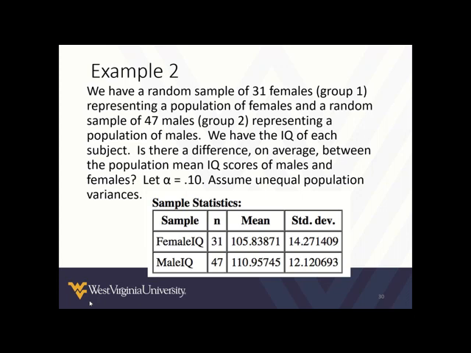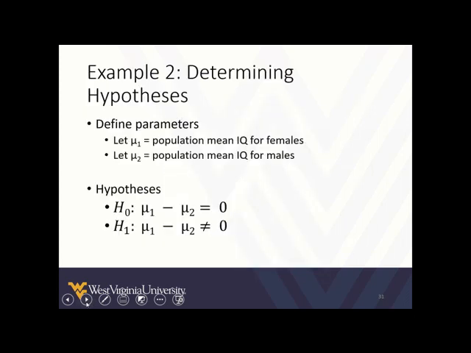Looking at our sample statistics, once again, we can see that our standard deviations are of the sample, and so this brings us down to case 2 or 3. We were told to assume unequal population variances, and so therefore, we need to assume case 3, where we have unequal population variances and known sample standard deviations or sample variances.